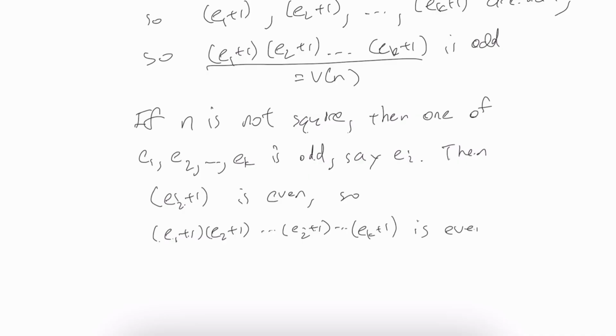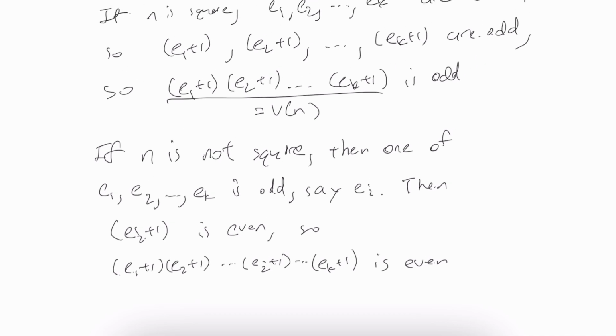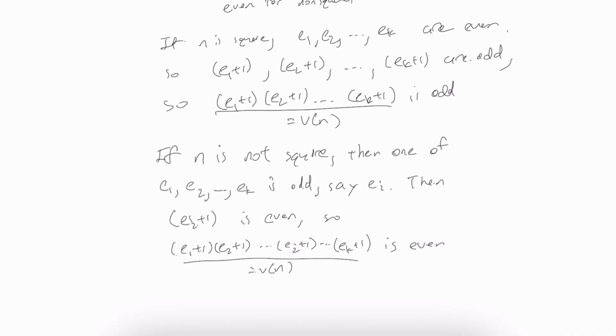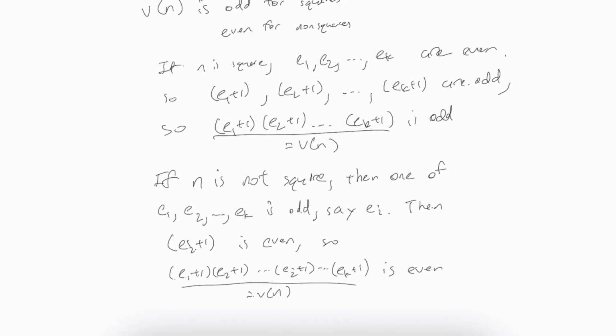So if n is not a square, v of n, the number of divisors, is even. And so house n will be toggled an even number of times and thus stay on after the Grinch finishes walking.